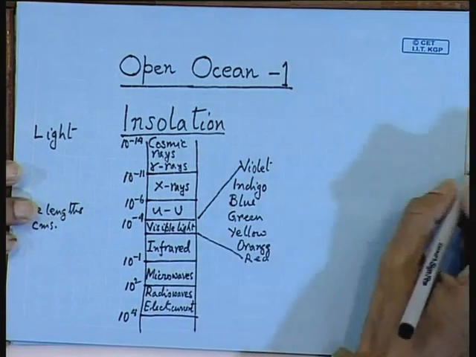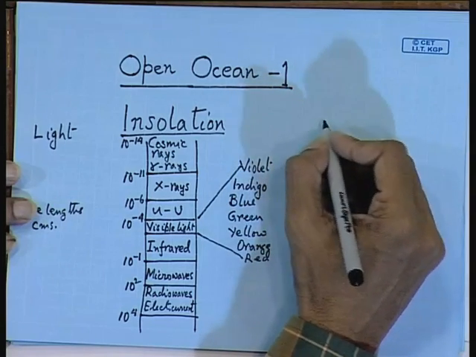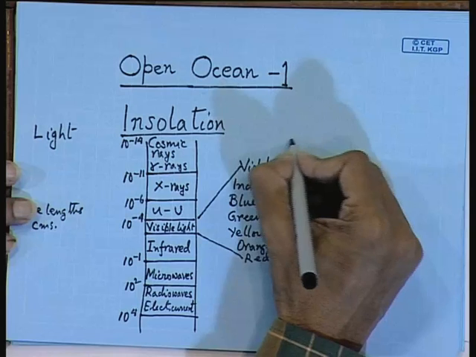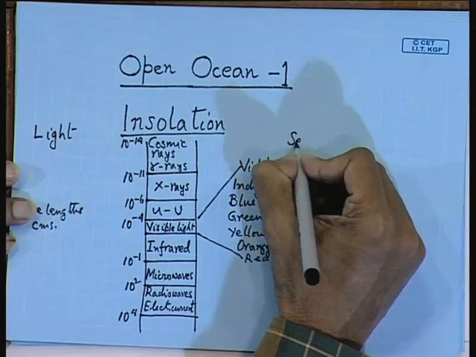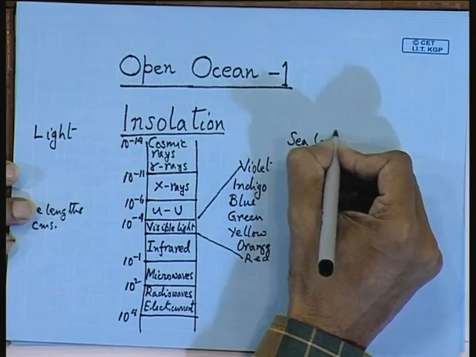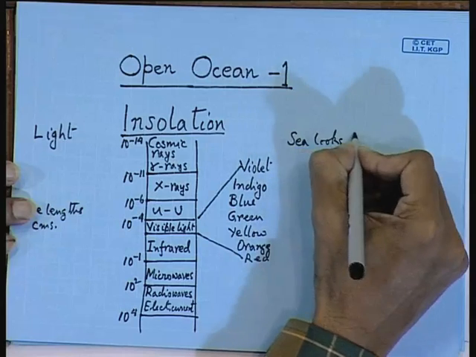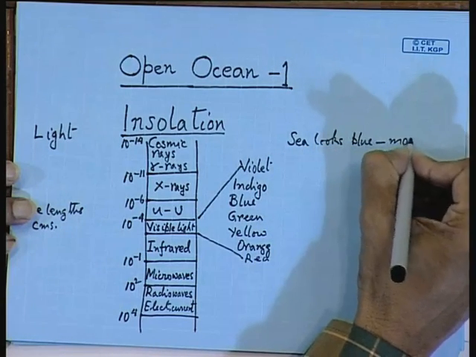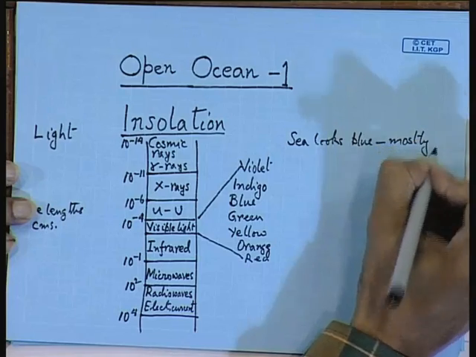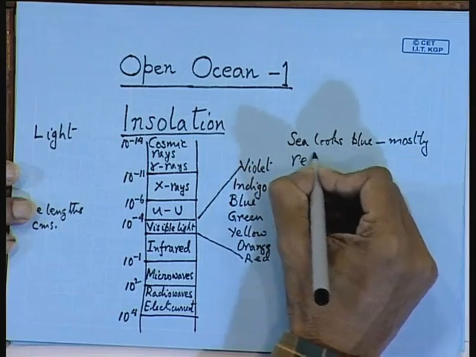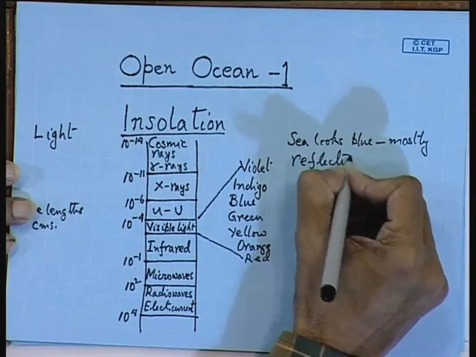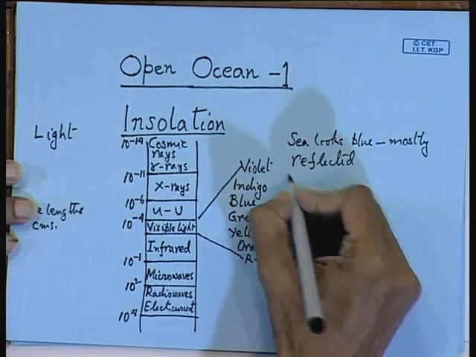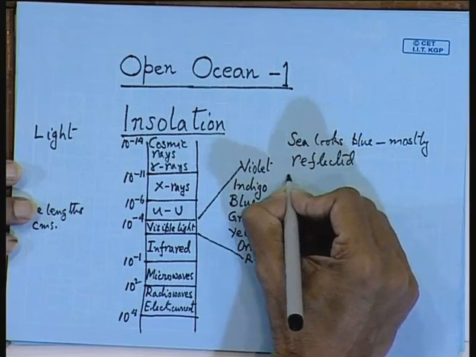Now, last class I told you that this blue wavelength is more reflected. That is why sea looks blue. It is not absorbed. Now, this infrared is quickly absorbed.